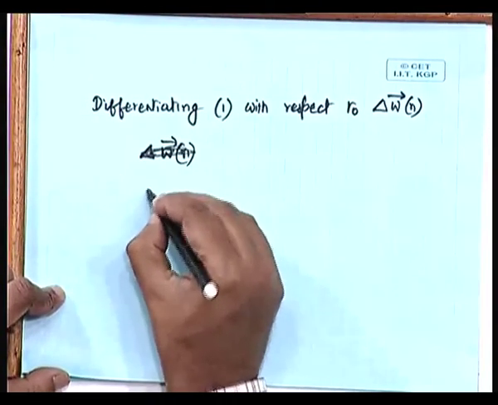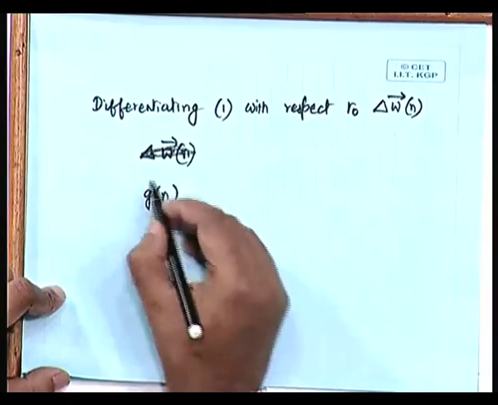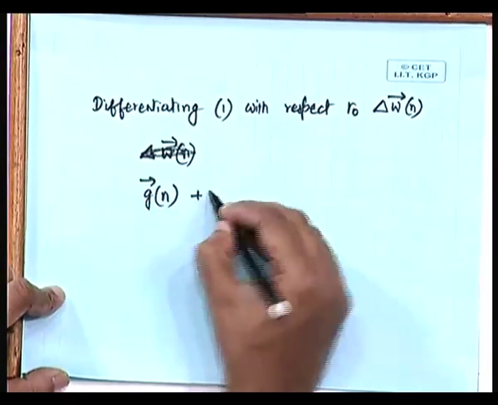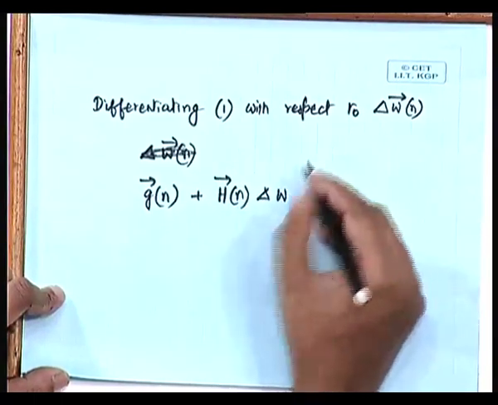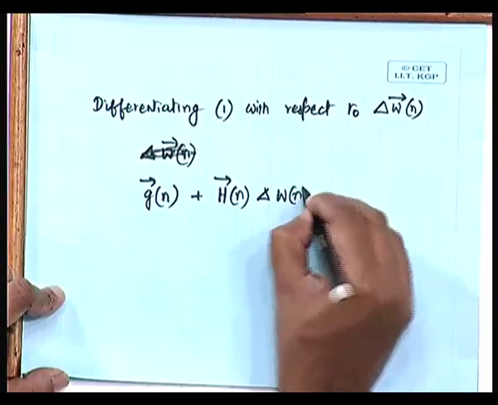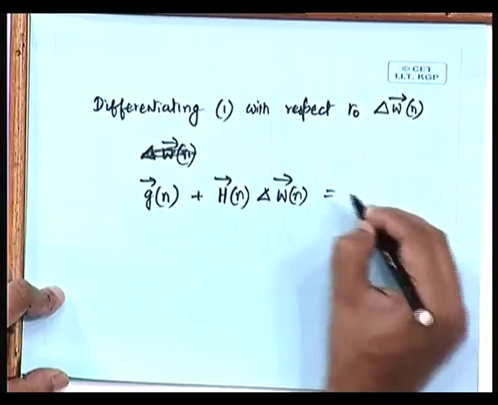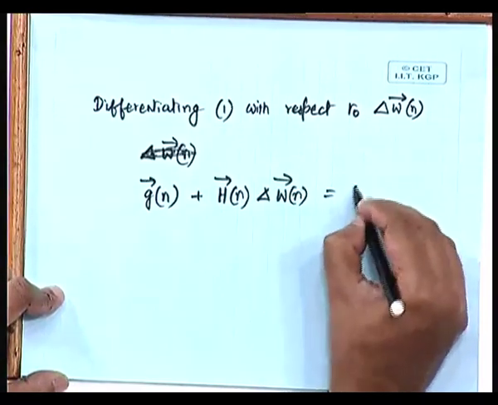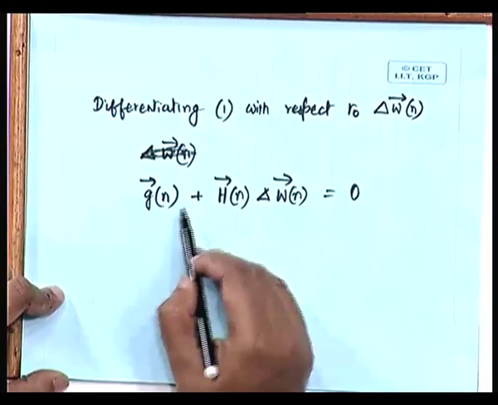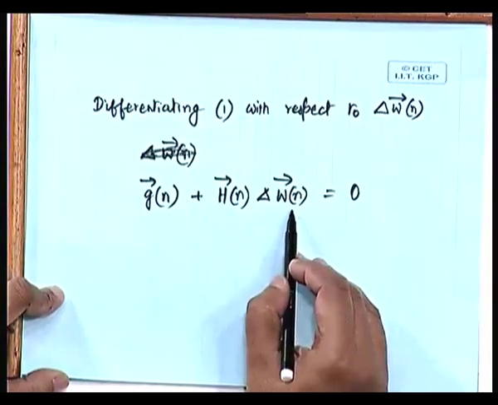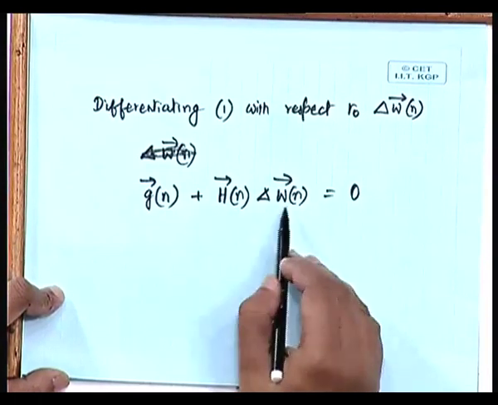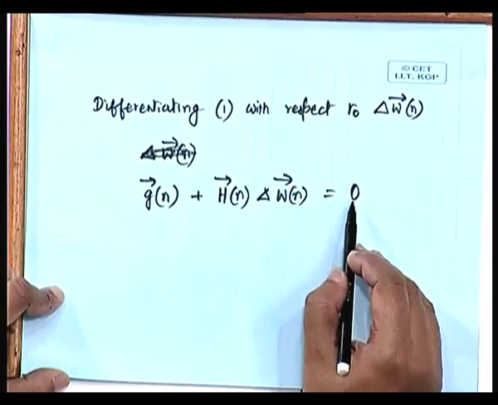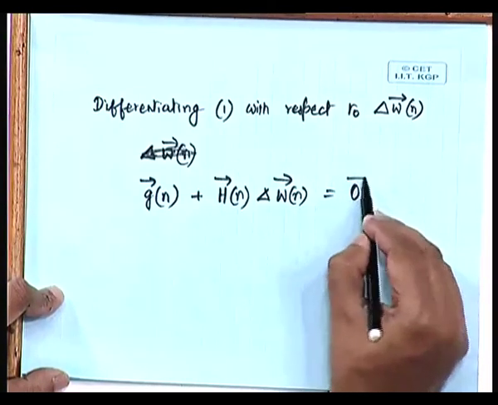Then we get this expression G n plus H n delta W n, and this must be equated to 0. In fact, G n is a vector, and H n delta W n also leads to an m dimensional vector. So, this 0 that we are writing is going to be an m dimensional 0 vector.